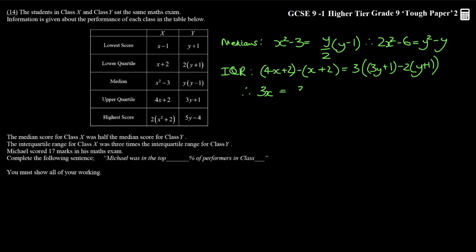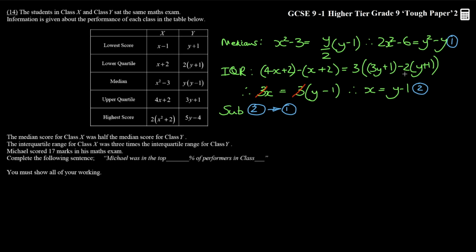And that is equal to 3. Looking at these brackets, I've got a 3y here, and take away 2y, so I'm left with y, and I've got a 1 here, taking away 2, which is minus 1. The 3s cancel, and we're left with x is equal to y minus 1. So effectively, that's our equation 1 in our simultaneous equations, and this is equation 2.